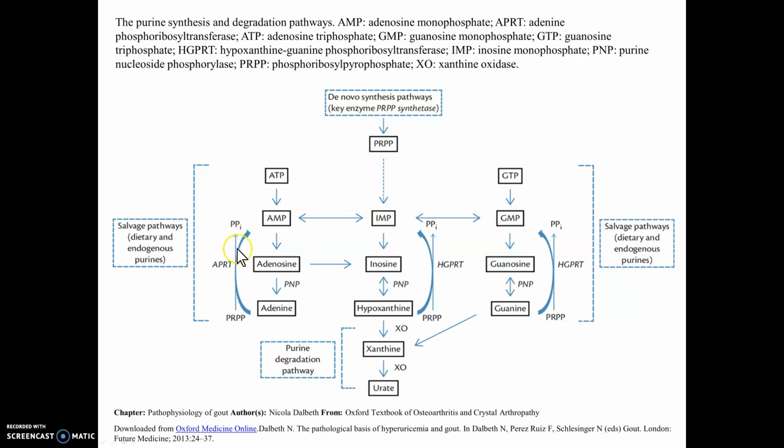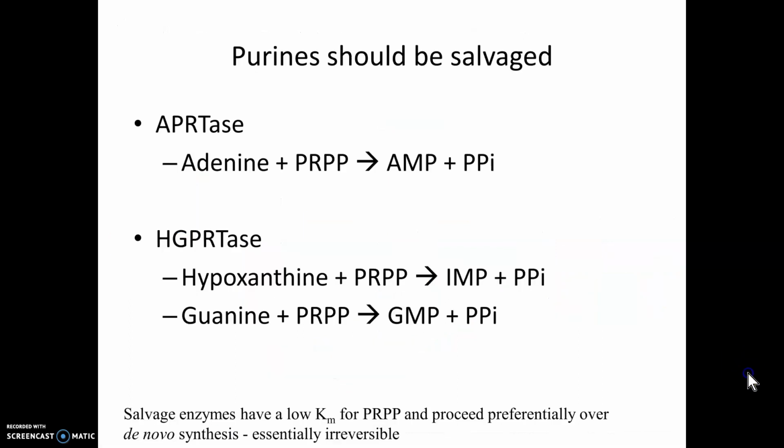We see the salvage enzymes on either side, important for us to know, particularly hypoxanthine guanine phosphoribosyltransferase, which is defective in Lesch-Nyhan syndrome. Remember, if we add a sugar phosphate to a base, we end up with a nucleotide, okay?